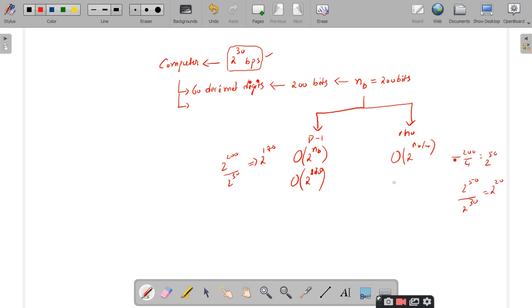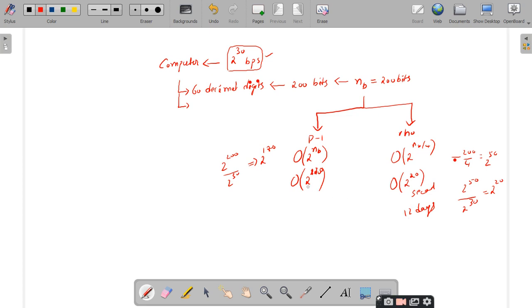So the output is big O of 2 power 20. 2 power 20 seconds is around 12 days.